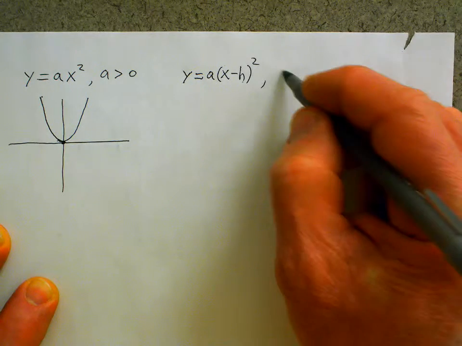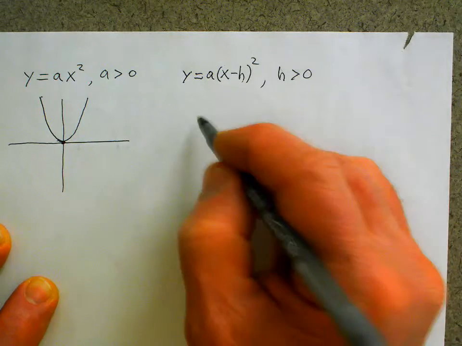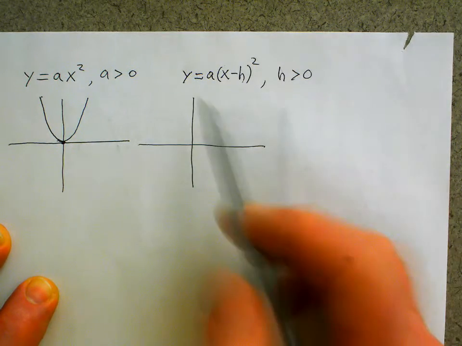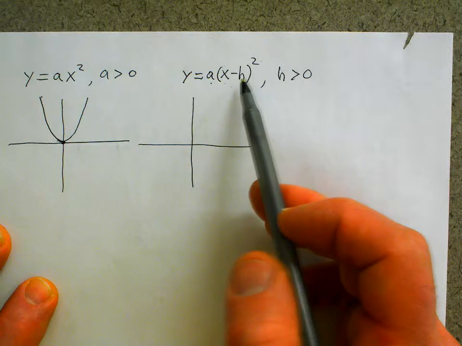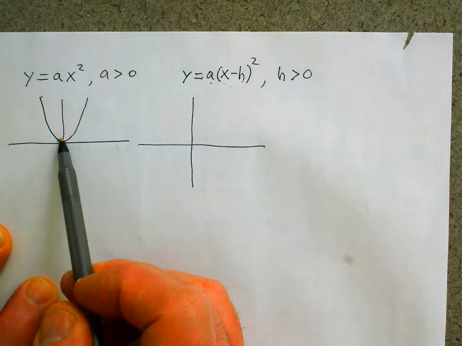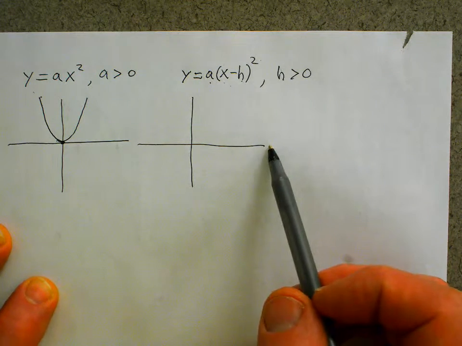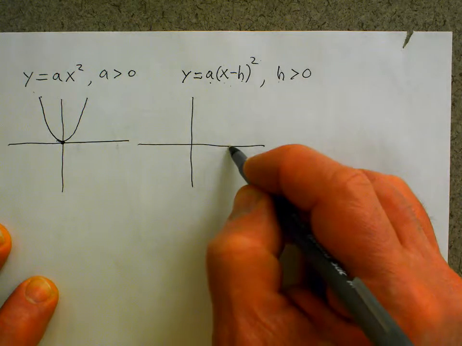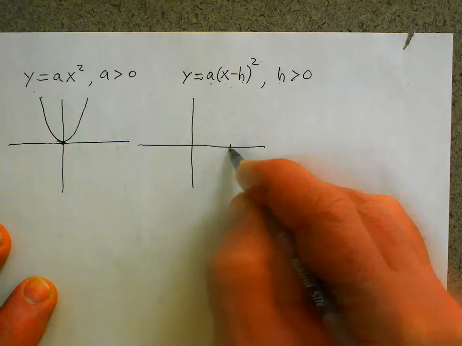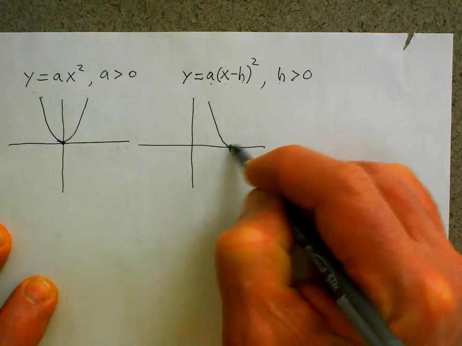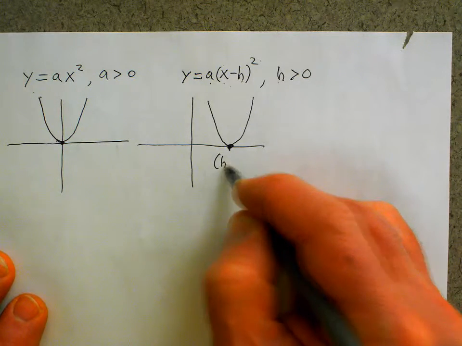In this example, we'll assume that h is positive. So the graph can be found by moving the graph of this parabola h units to the right, because h is positive. So let's suppose this is the h. So this ordered pair is h, 0.